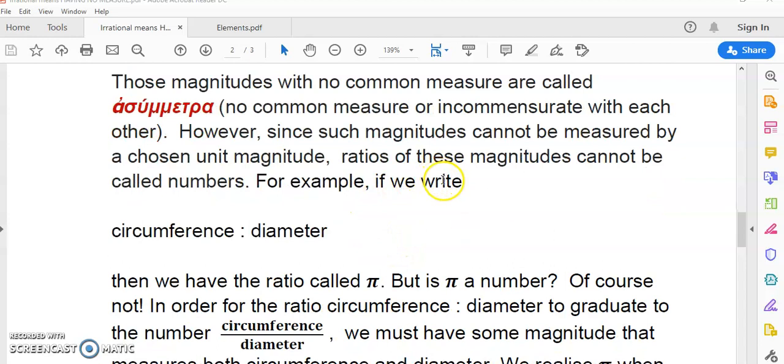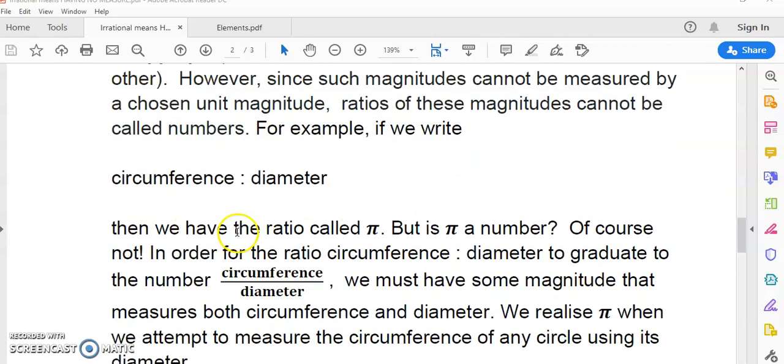Now, excuse me, ratios of these magnitudes cannot be called numbers if they have no common measure. So take, for example, the ratio of circumference to diameter. We know this special ratio by the name pi. But is pi a number?